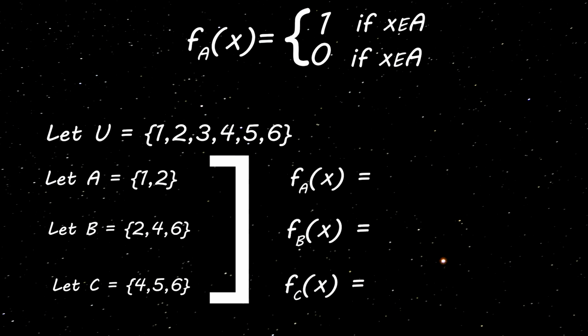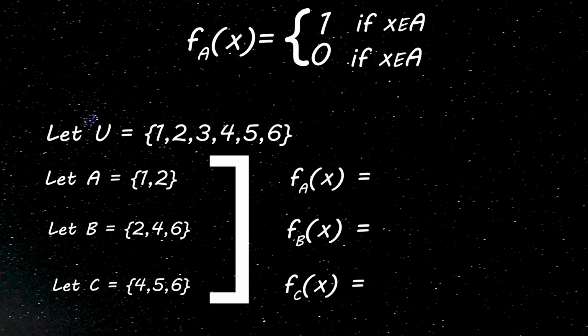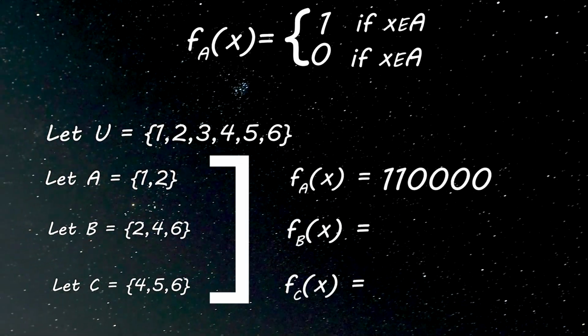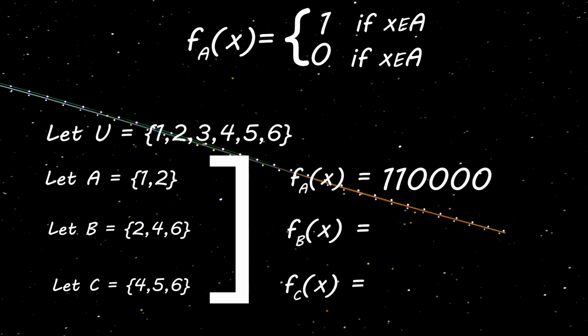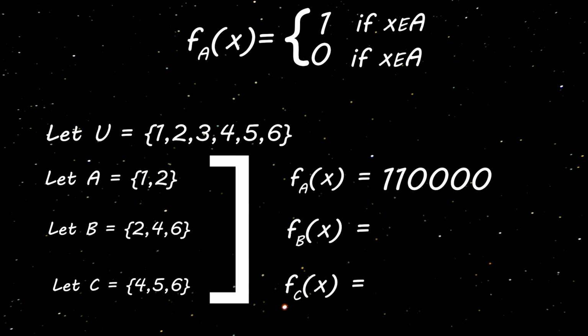A contains the elements 1 and 2, so the characteristic function of A would be 1, 1, 0, 0, 0, 0, because we assign the value 1 for elements of A and 0 for not elements of A, and the elements 3, 4, 5, 6 are definitely not elements of A.